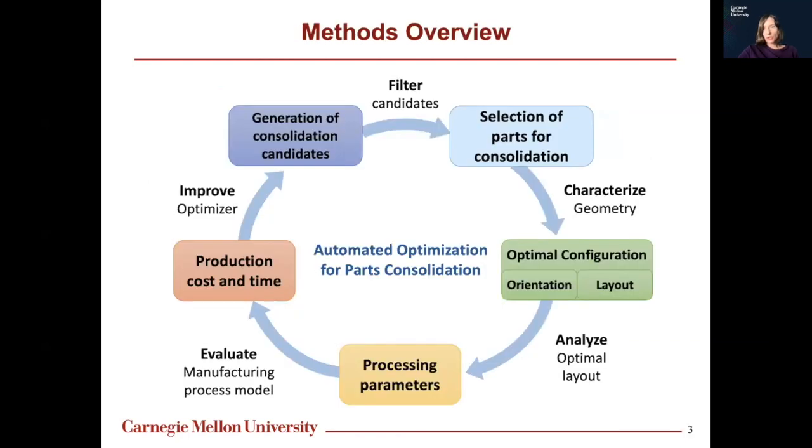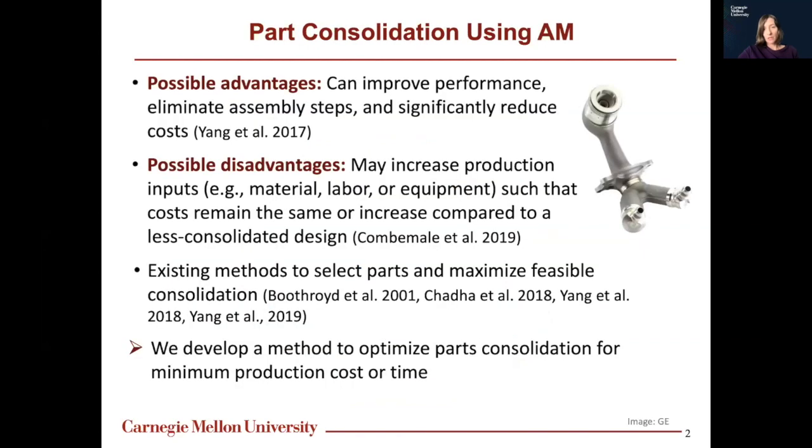So just an overview of the method. We start with a generation of selecting possible consolidation candidates of different interfaces within the system to consolidate. We then filter them for feasibility as well as for structural redundancy. From there, we determine the optimal configuration within the build envelope, both in terms of the part orientation as well as the layout of parts into multiple batches within the build envelope.